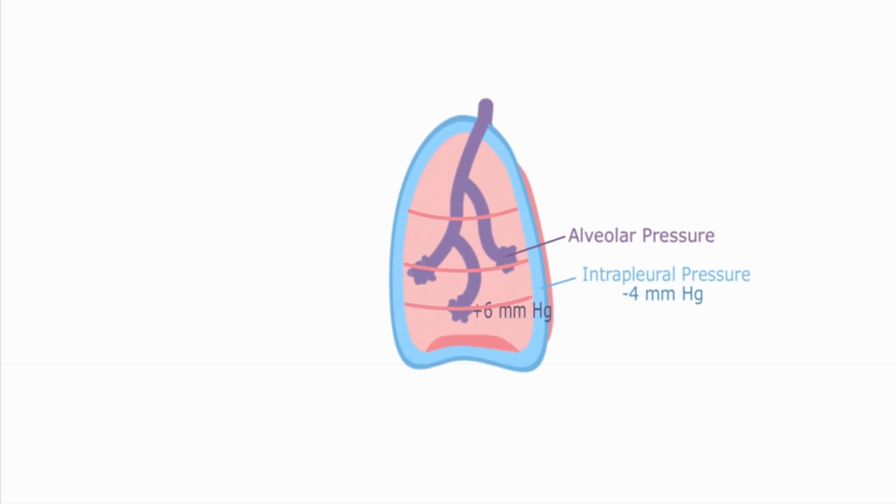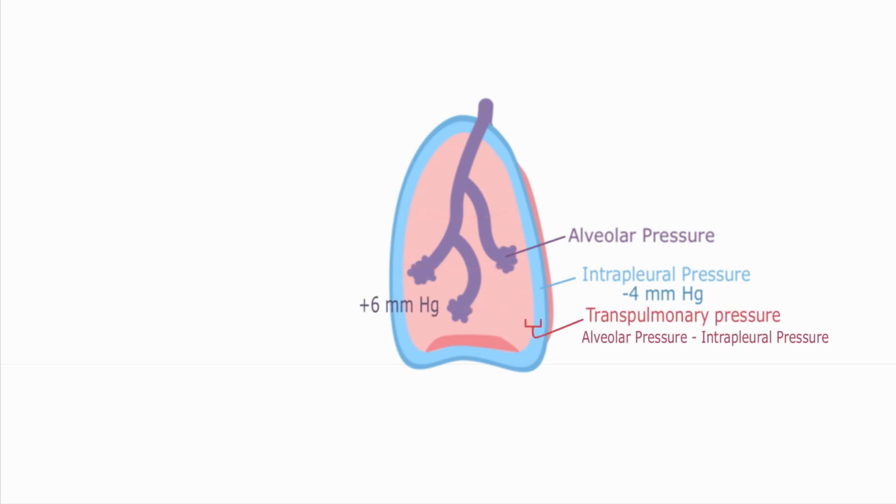Lastly, let's showcase the importance of transpulmonary pressure. When we understand the alveolar pressure and intrapleural pressure, then it's easier to understand the transpulmonary pressure. Transpulmonary pressure basically shows us the force of the pressure that tries to expand the lung.